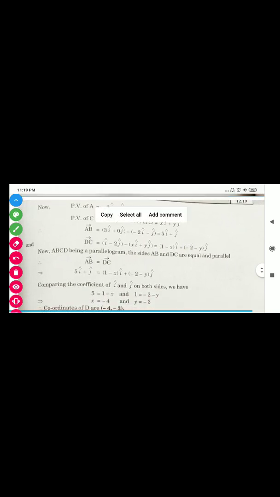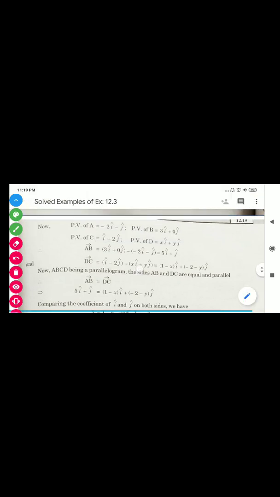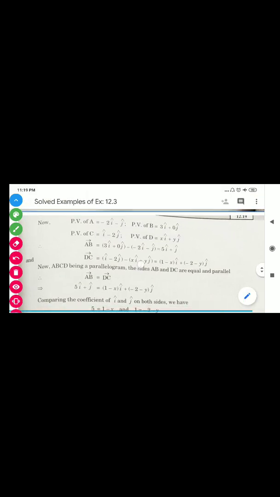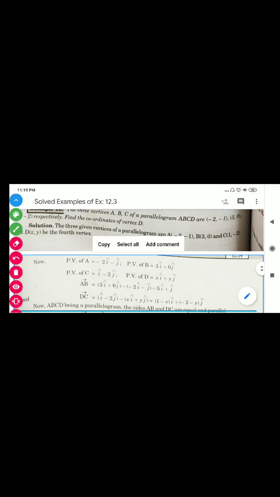So here the position vector of A and the position vector of B are given in this statement. Here the coordinates given are (-2, -1) and (3, 0). If we write these coordinates in the form of components, then we write -2i minus j, and the position vector of B must be 3i plus 0j.